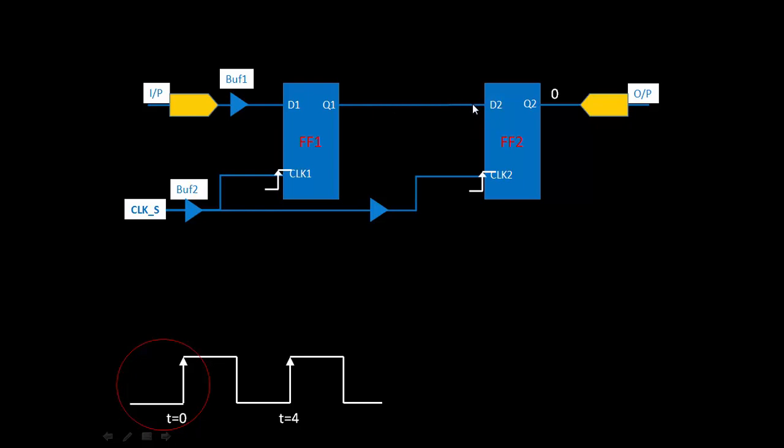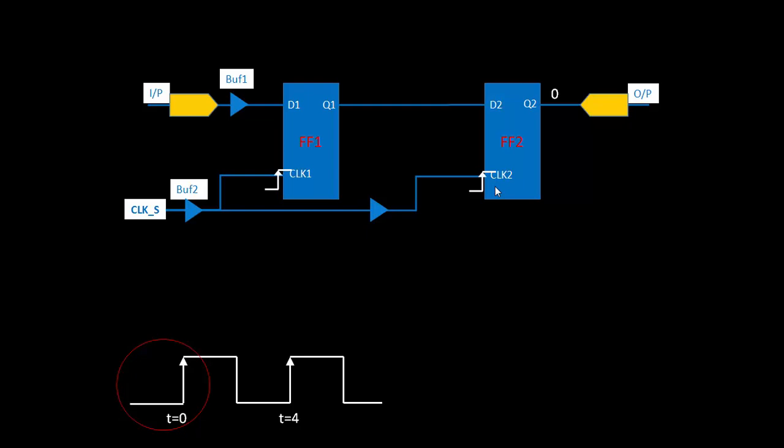As you just saw, that 0 reaches D2 before even the positive edge reaches FF2. Just see it once again. Just concentrate on the clock which is reaching here, and when this data is going from here to here. So it is overridden. Now it reaches here. You can see that 0 is at D2 before even the positive clock edge reaches FF2.